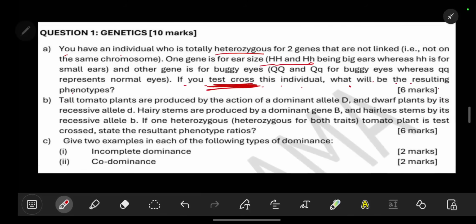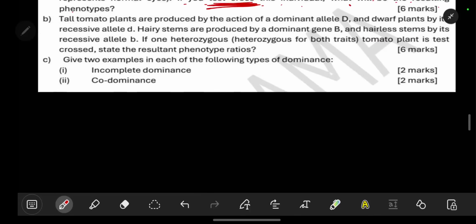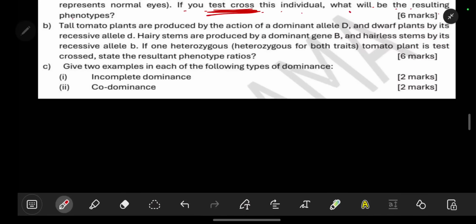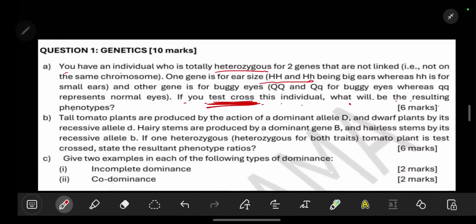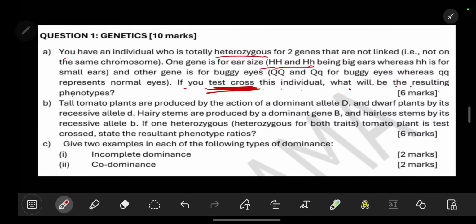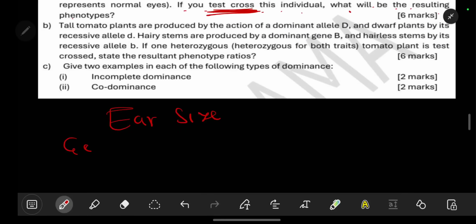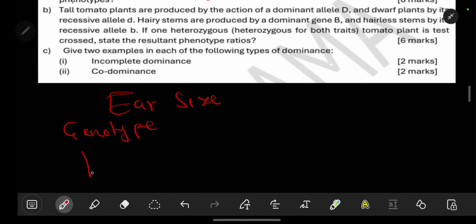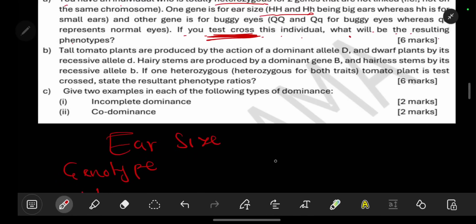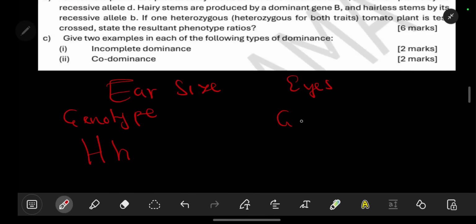If this individual is heterozygous, it means they have the trait for ESIs, so we have to get the genotype of this person. Since it's heterozygous, it means they have to have a big letter H and a small letter H, like that. Then we have for eyes, we are going to have the genotype for eyes.